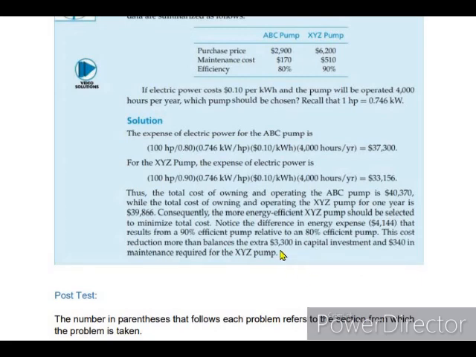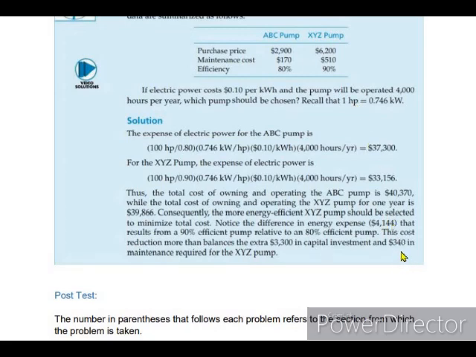The 3,300 is from subtracting 2,900 from 6,200. The additional investment cost of 3,300 when you buy the XYZ pump will be offset by the savings, because the savings are much higher, and so is the extra $340 in maintenance required for the XYZ pump.